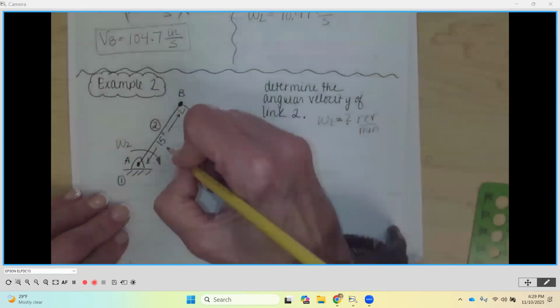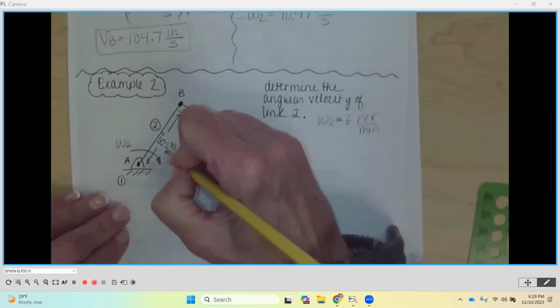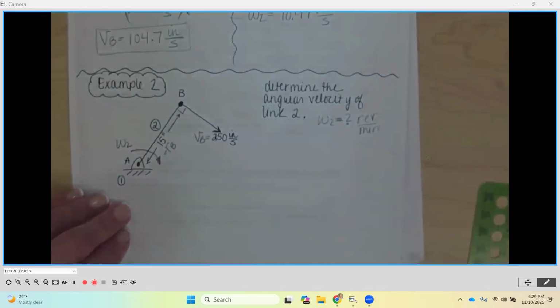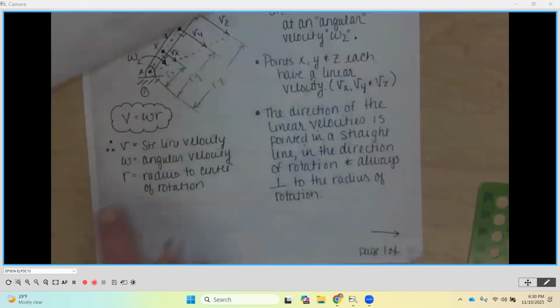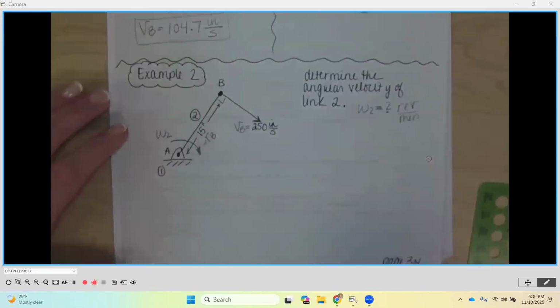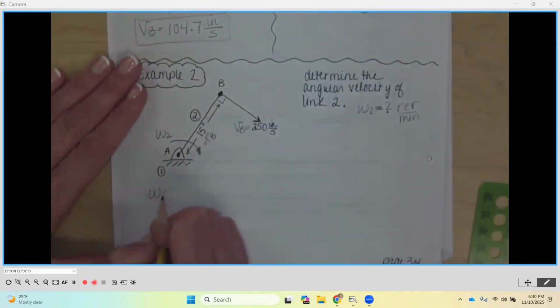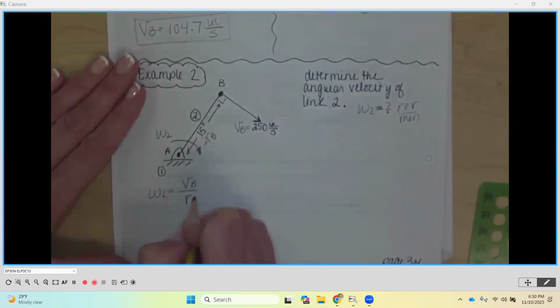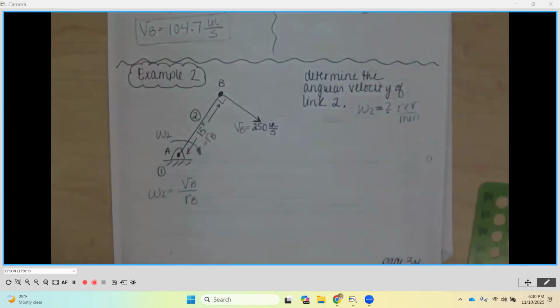So this is going to be our RB. So we need to find W, okay? Rearranging that equation, W2 is going to be equal to VB divided by RB, correct? Double check my algebra.